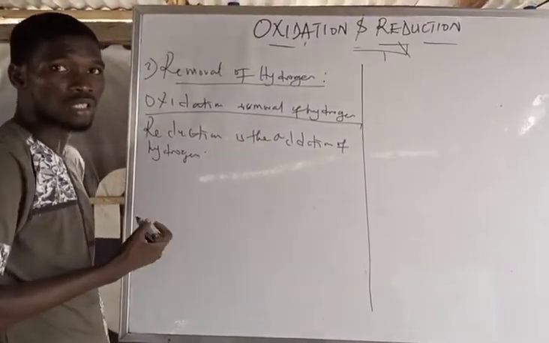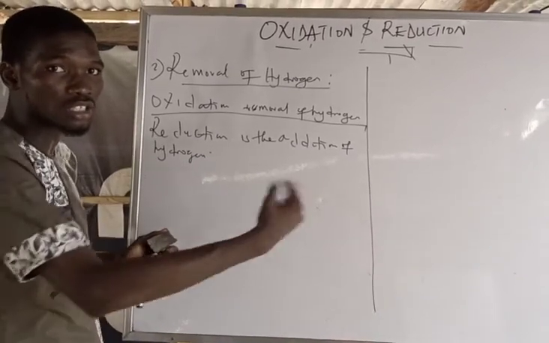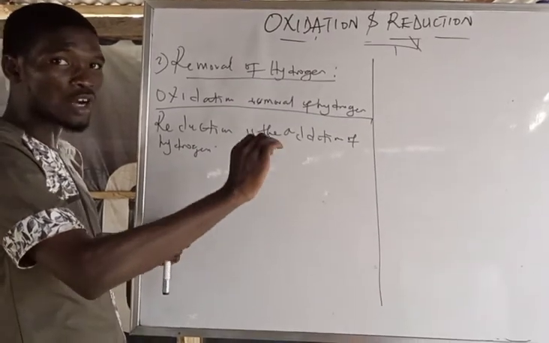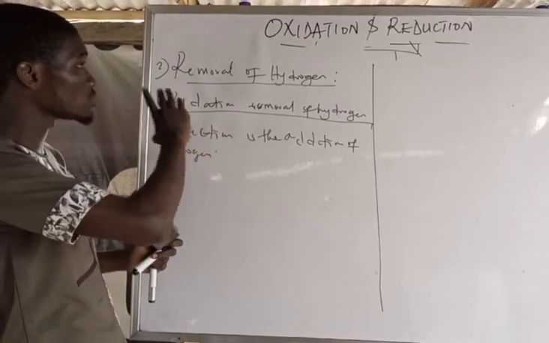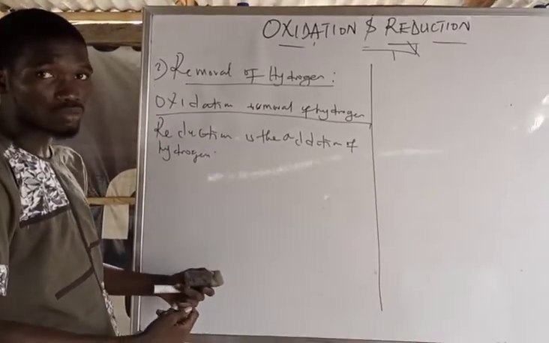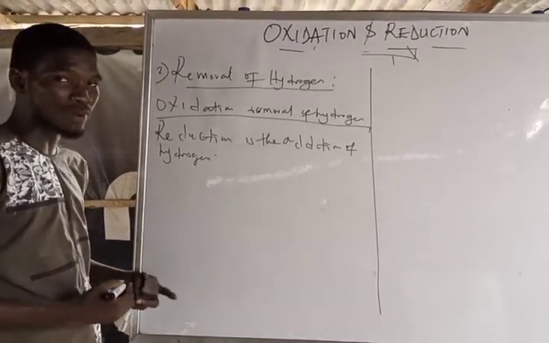When we talk about the addition of oxygen, oxygen combines with a compound or substance to give us oxidation, while we remove oxygen from a substance to give us reduction. Here, oxidation is removal of hydrogen, while reduction is addition of hydrogen. Let's look at this particular example.